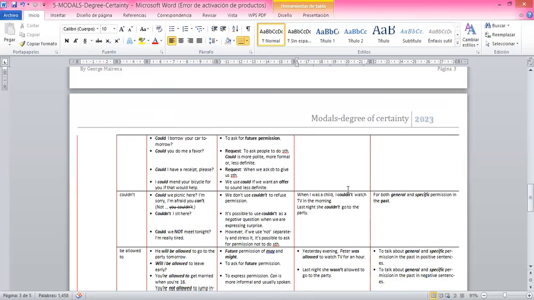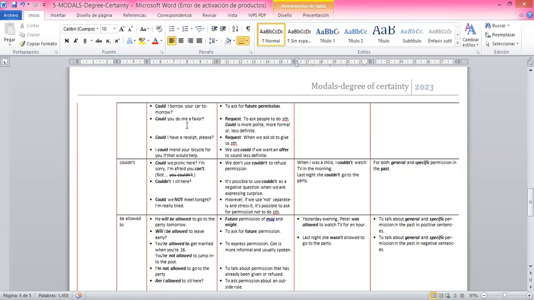Here we have more examples about "could". Could I borrow your car tonight, tomorrow? Could you do me a favor? Could I have a receipt, please? I could mend your bicycle for you if that would help.